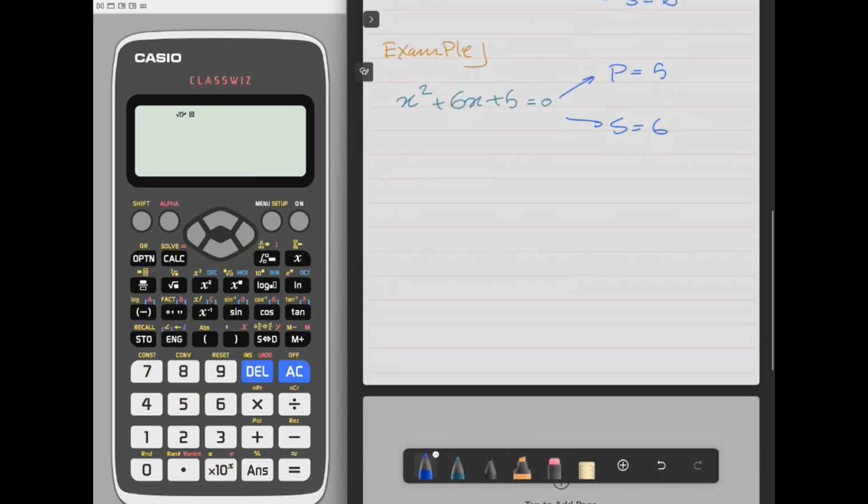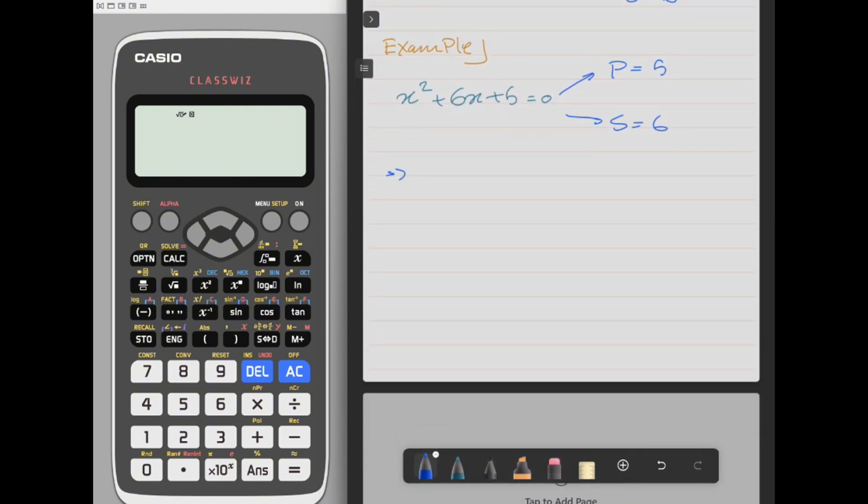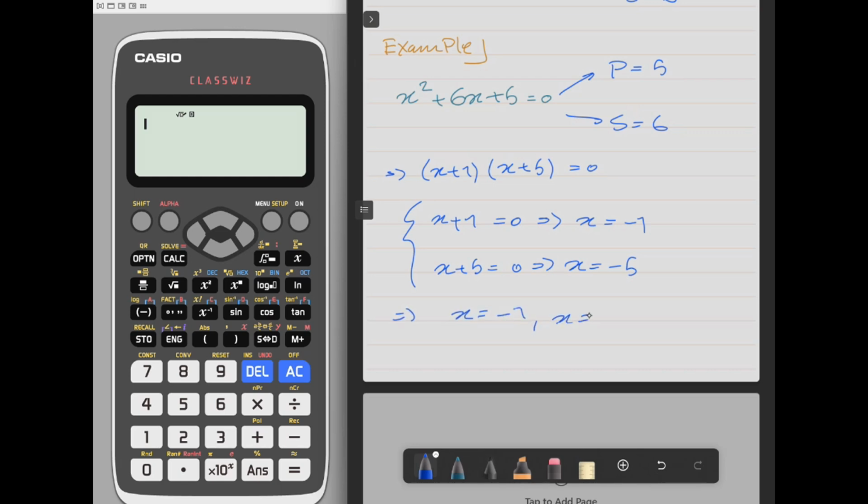It is obviously 1 and 5, right? So I can write it as x plus 1 times x plus 5 equal to 0. So x plus 1 is equal to 0 and x is equal to minus 1. x plus 5 equal to 0, so x is equal to minus 5. So x is equal to minus 1, x is equal to minus 5.